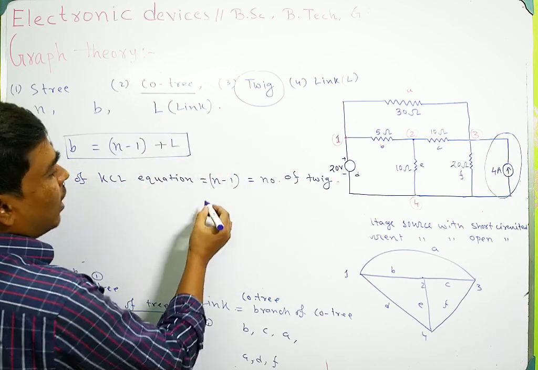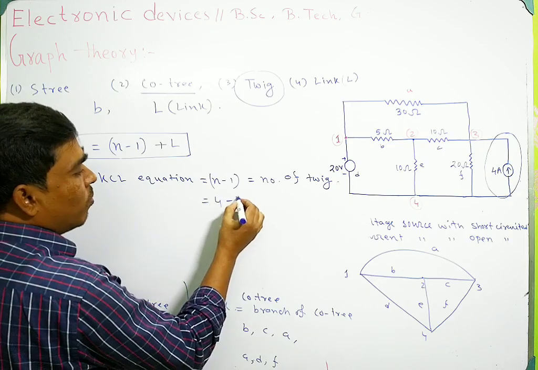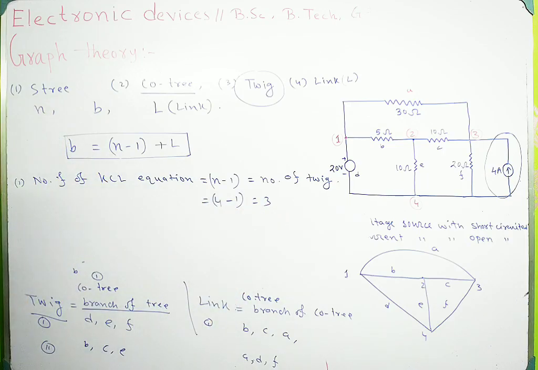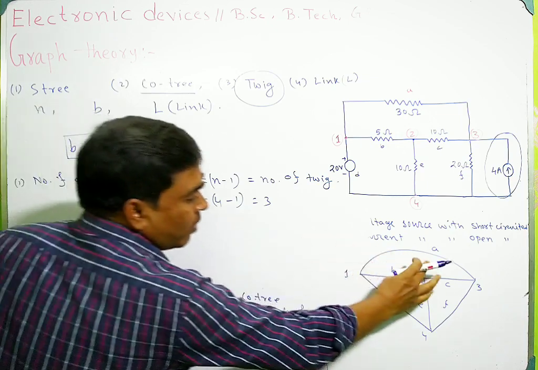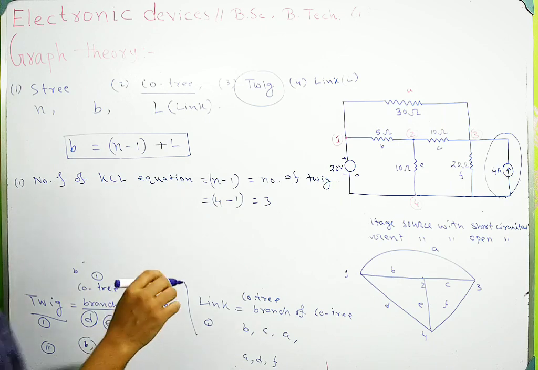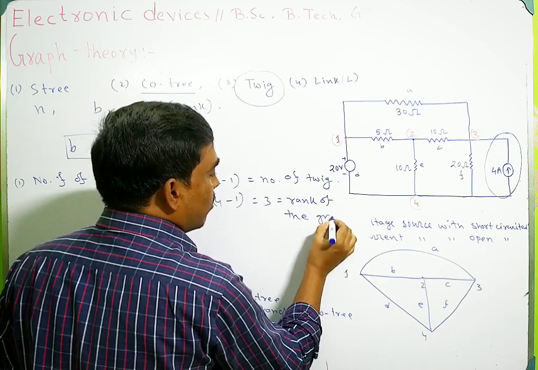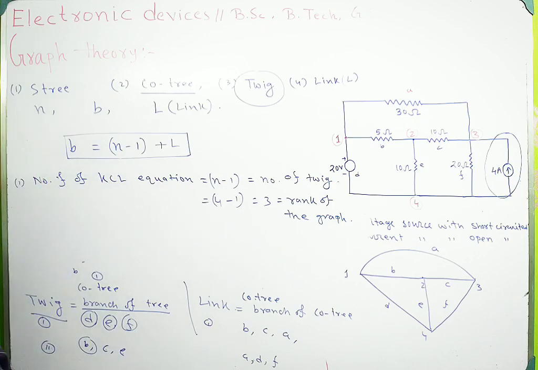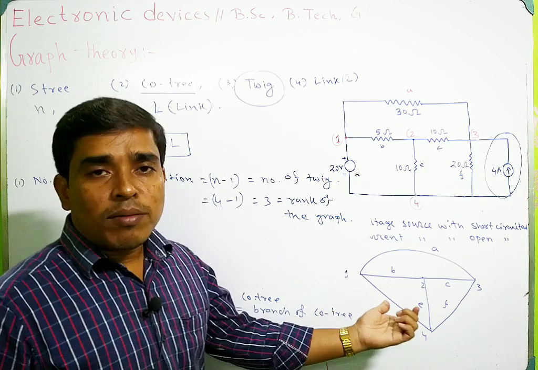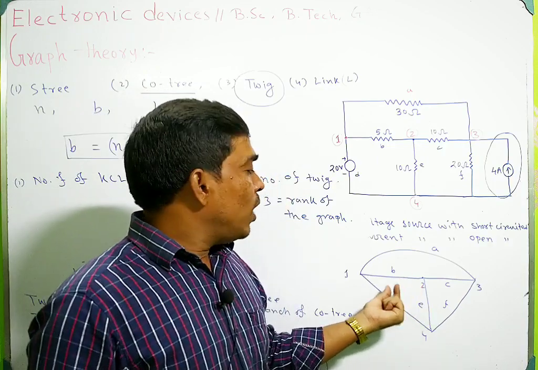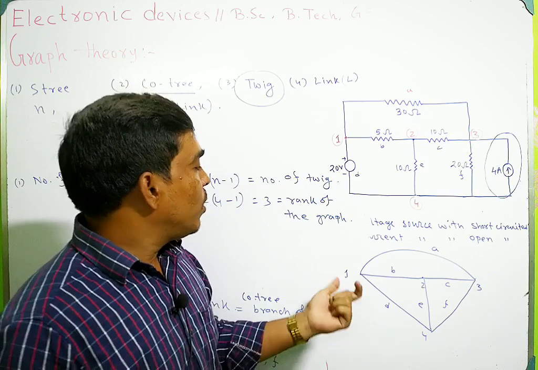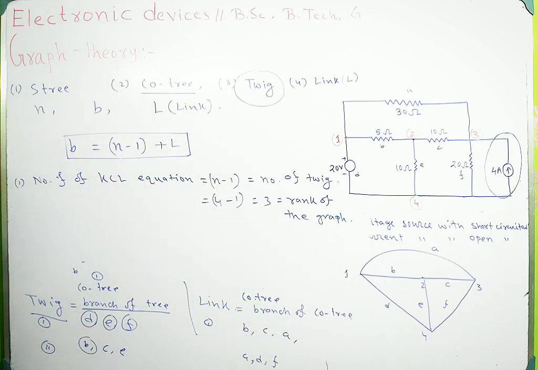In this case we have 4 nodes, 4 minus 1 is 3, and we have already seen that the number of twigs is 3: 1, 2, 3, and in this case also 1, 2, 3. So the number of KCL equations of this network is 3. It is also called the rank of the graph. Using this formula you can easily calculate the minimum number of KCL equations to analyze a network.